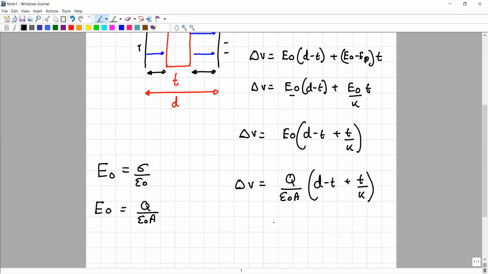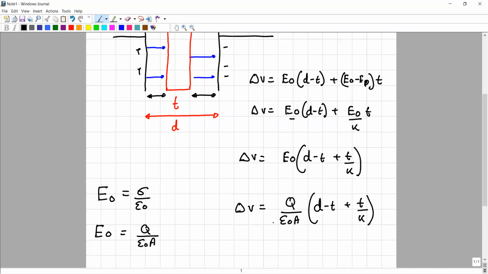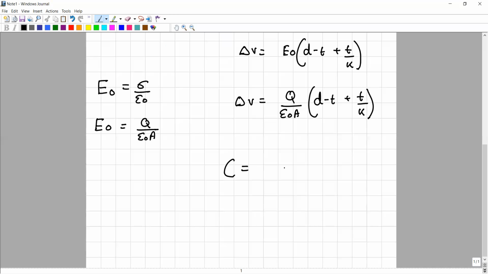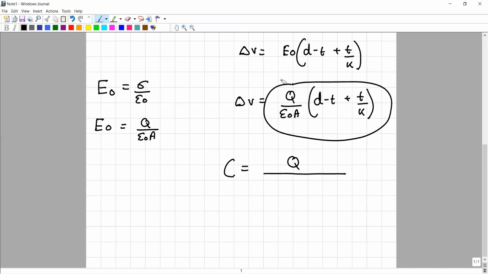Now, what did we intend to find? We wanted to find capacitance, isn't it? So capacitance is equal to what? Charge over potential difference. Now, potential difference is this whole thing, so I'm going to put this whole thing in the denominator here.